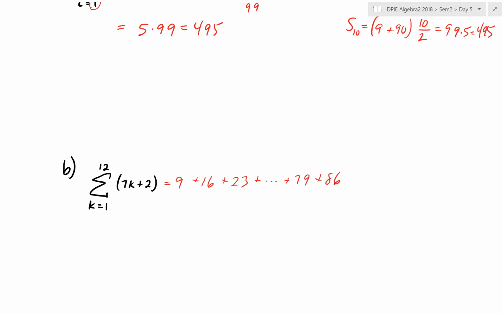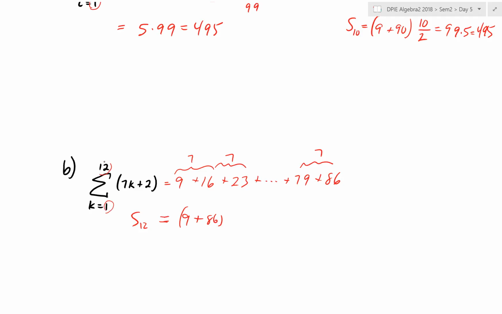So we can see in this sequence, this is definitely an arithmetic sequence. It's going up by 7, up by 7, up by 7 consistently. So our common difference is 7. The sum of the first 12 terms, using the formula we found earlier, is the first term, 9, plus the last term, 86, times the number of terms.